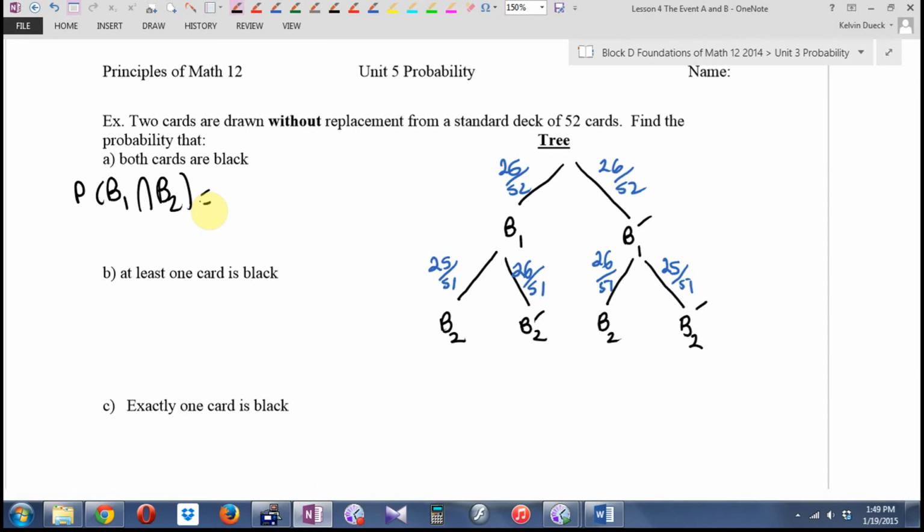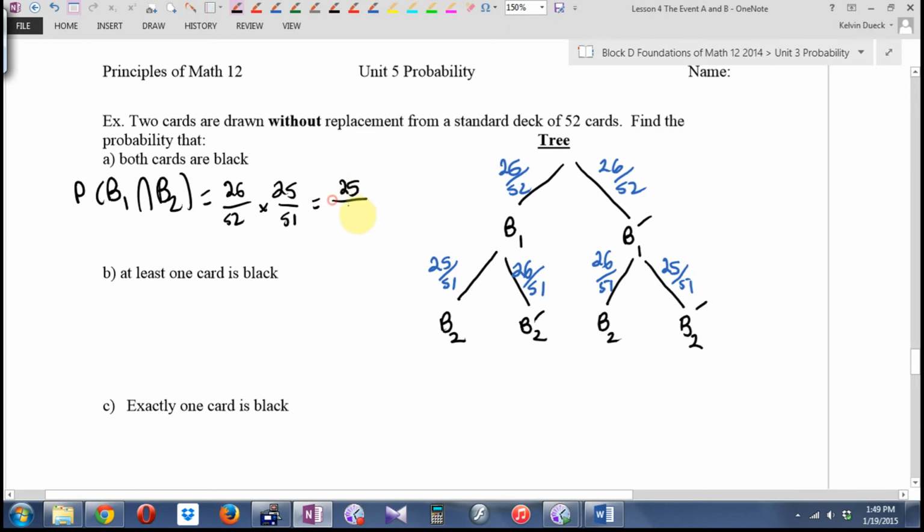What am I going to multiply together? 26 out of 52, 25. Which is what? 25 over 102. Someone double check, is that right? Yep. But you guys are okay using the fraction button? Yes? Okay.